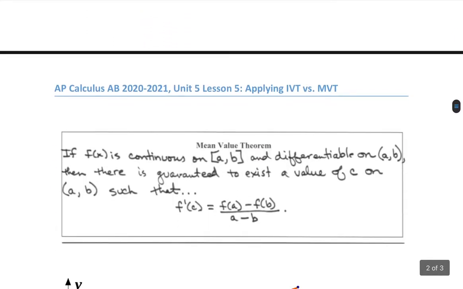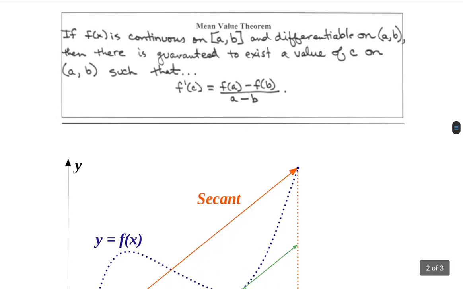Second, we have the mean value theorem. What the mean value theorem, or the average value theorem, tells us is that if f of x is continuous on the closed interval a to b, and differentiable on the open interval a to b, so not only does it have to be continuous, it also has to be differentiable, for reasons we'll get to in just a second, then there is guaranteed to exist a value of c on that interval a to b such that f prime of c, right, that's the derivative, that's the instantaneous rate of change, that's the slope of the tangent line.